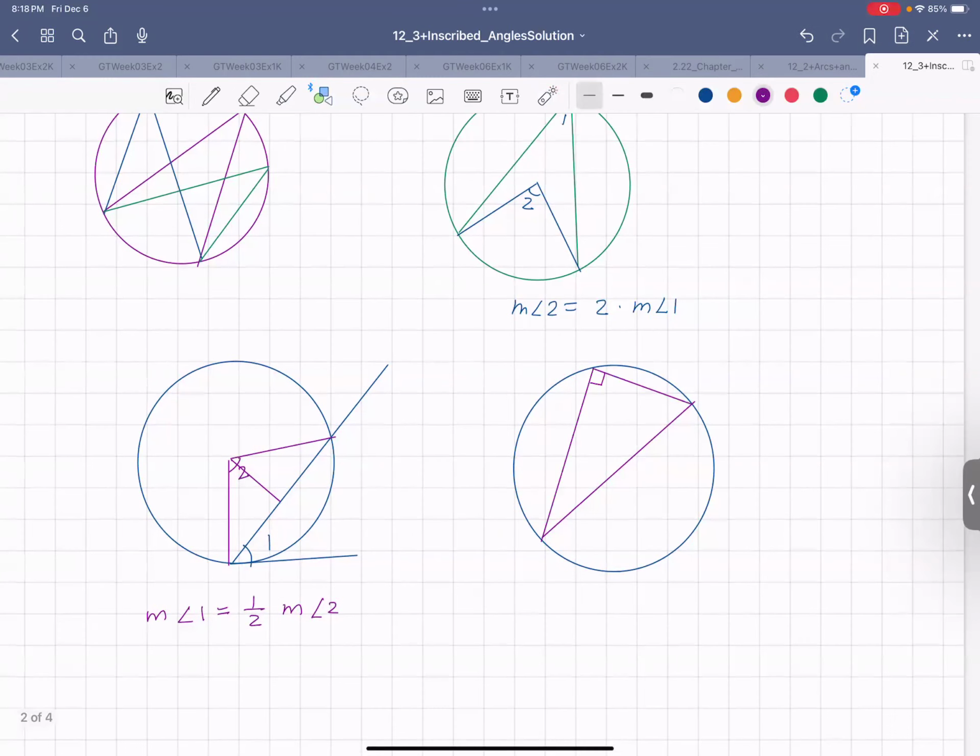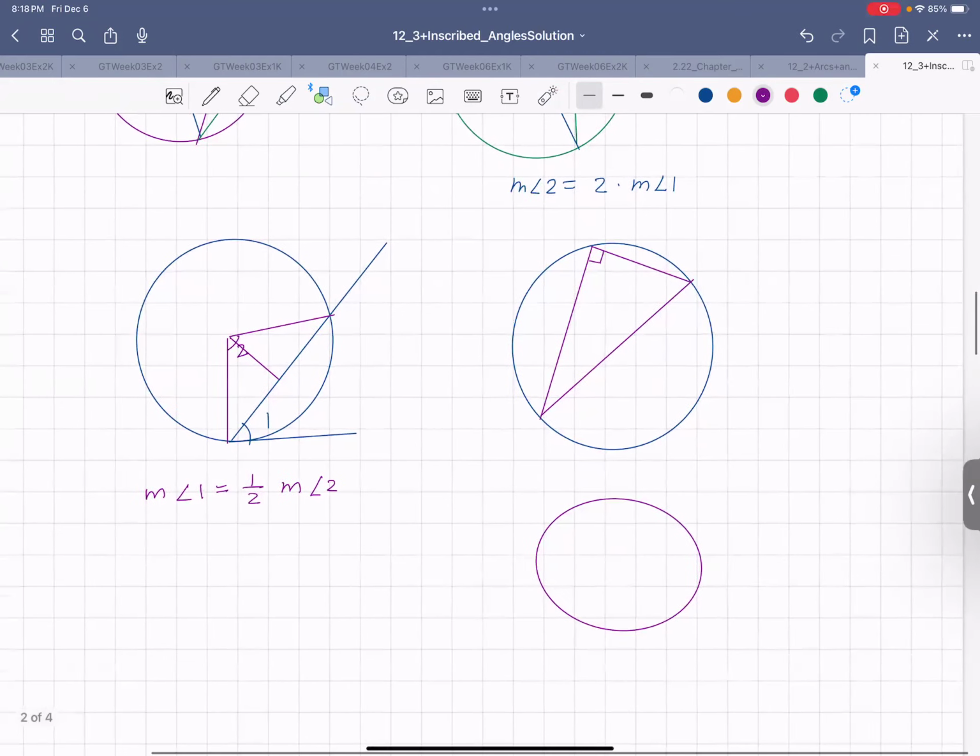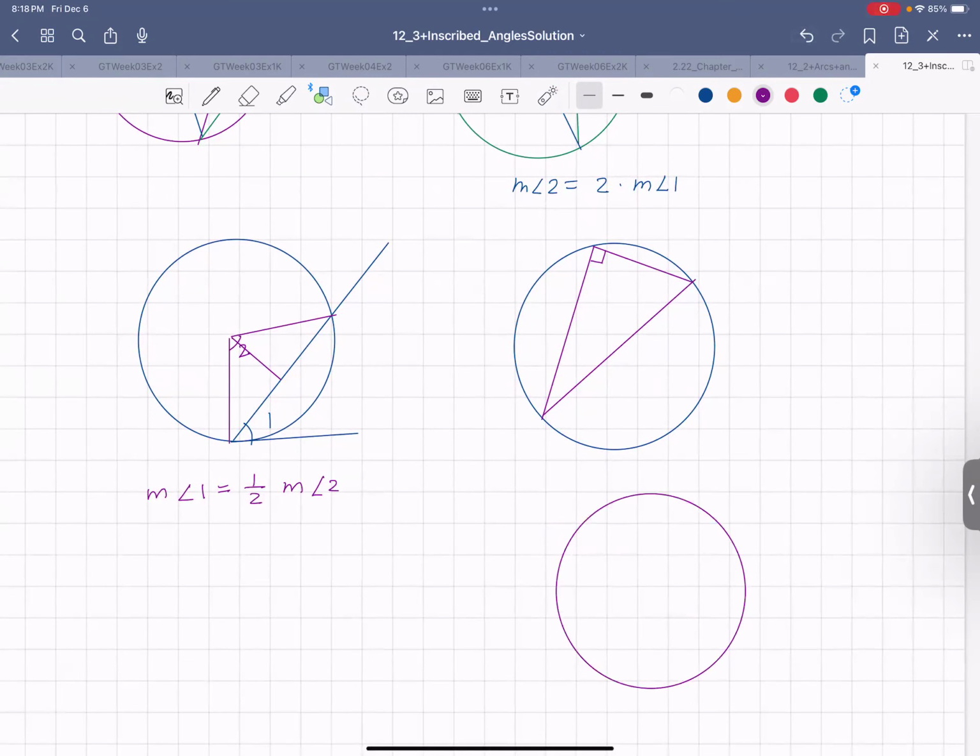If I draw a circle, that's an ellipse. Draw a circle. And I randomly pick any 4 points on the circle. I didn't on purpose draw this to be a trapezoid or a kite or whatever.